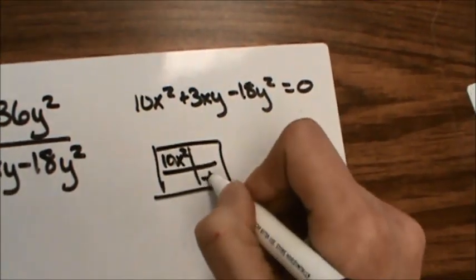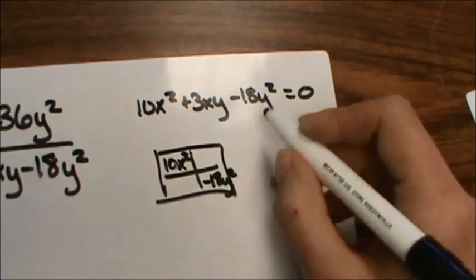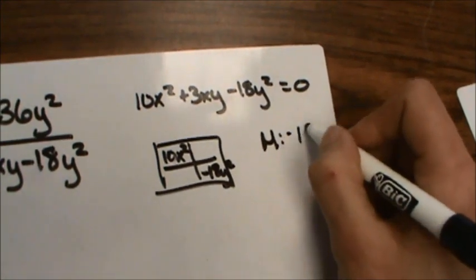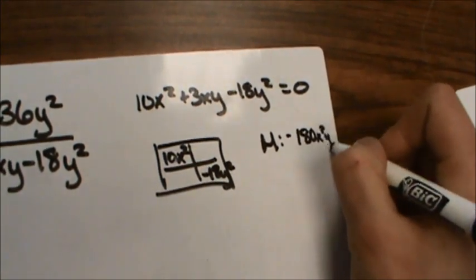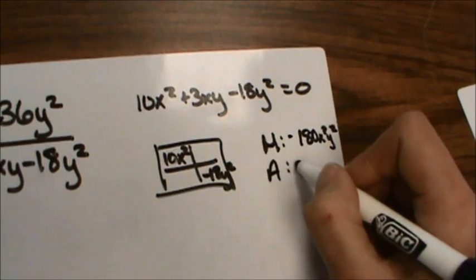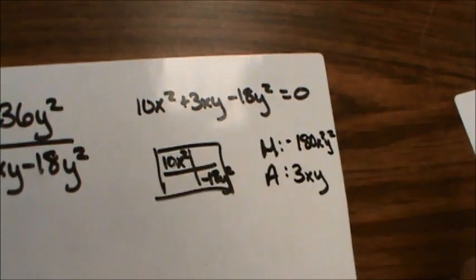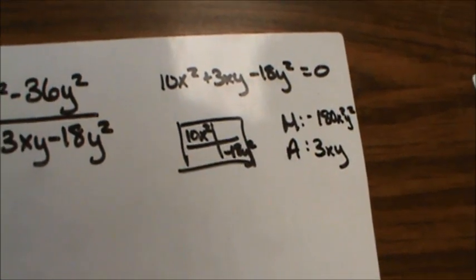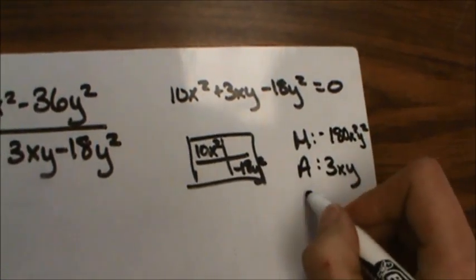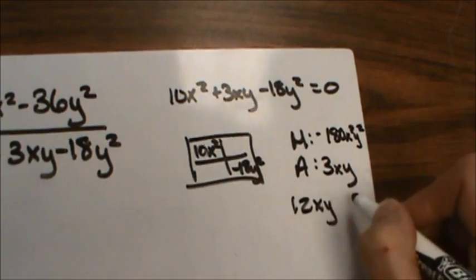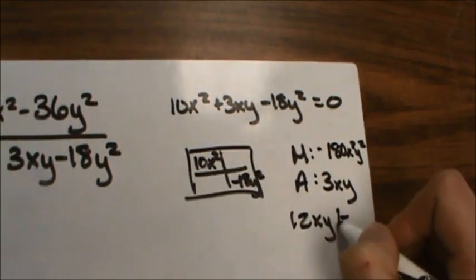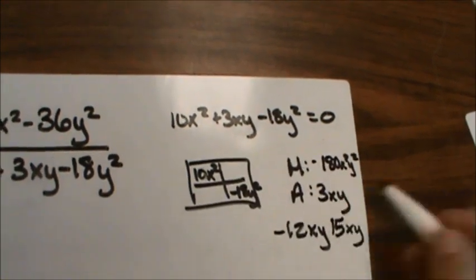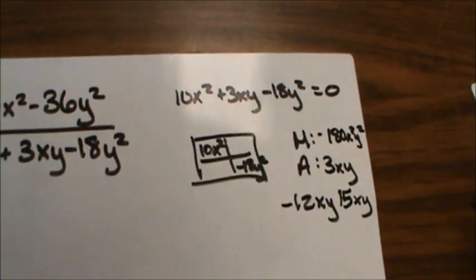10x squared minus 18y squared. Looking for two numbers that multiply to be negative 180x squared y squared and add to be 3xy. If I go through, grab a calculator and start dividing with 180, I'm going to come up with numbers that are 12xy and 15xy, and I believe that I want the 12 to be negative so that they add up to be positive 3.